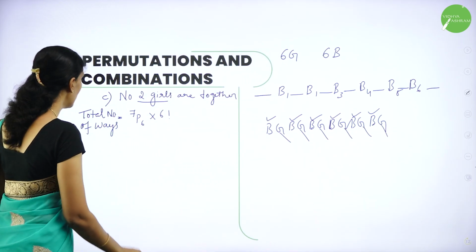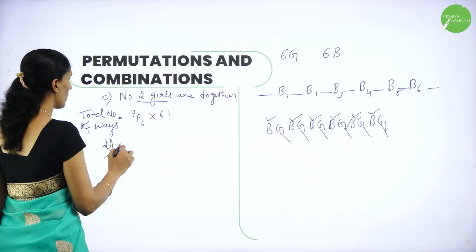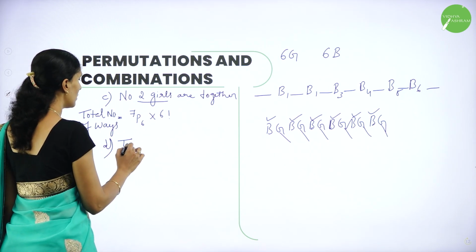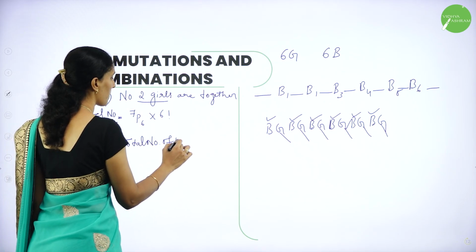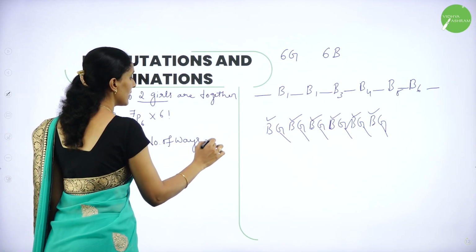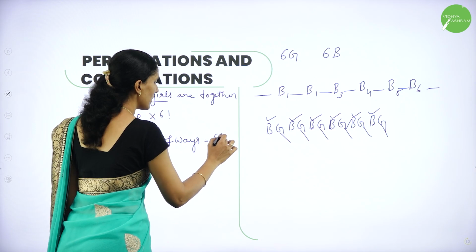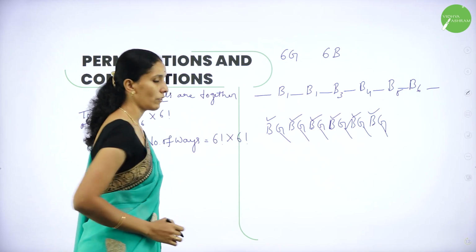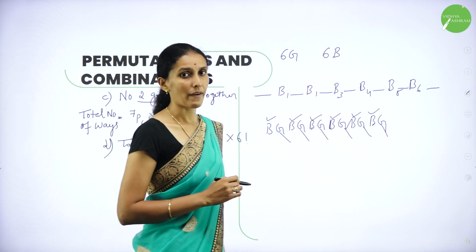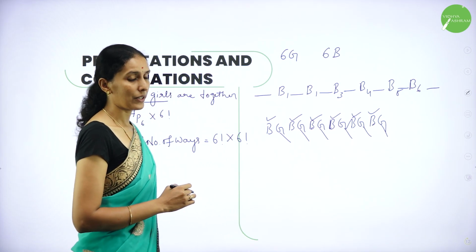So my total number of ways for this question: 6 boys can be arranged in 6 factorial ways, 6 girls can be arranged in 6 factorial ways. So this is 6 factorial into 6 factorial.